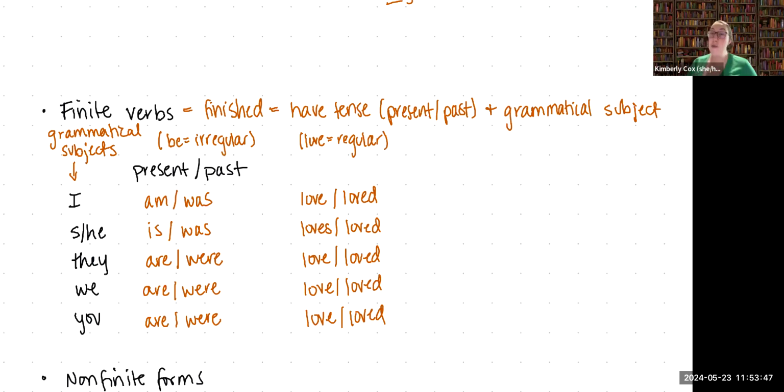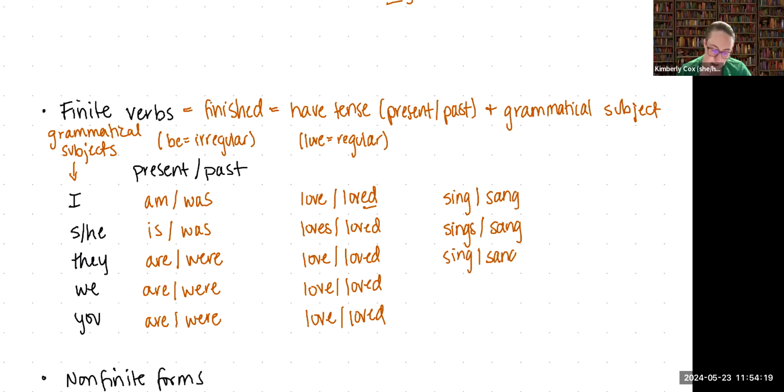And then we're going to talk about sing, just because the way we do the past tense is a little bit different. Oftentimes, as you see here, we do past tense by adding the ed. That doesn't happen with every single verb. So we would say I sing or I sang, right? He or she sings or he or she sang. They sing or sang.